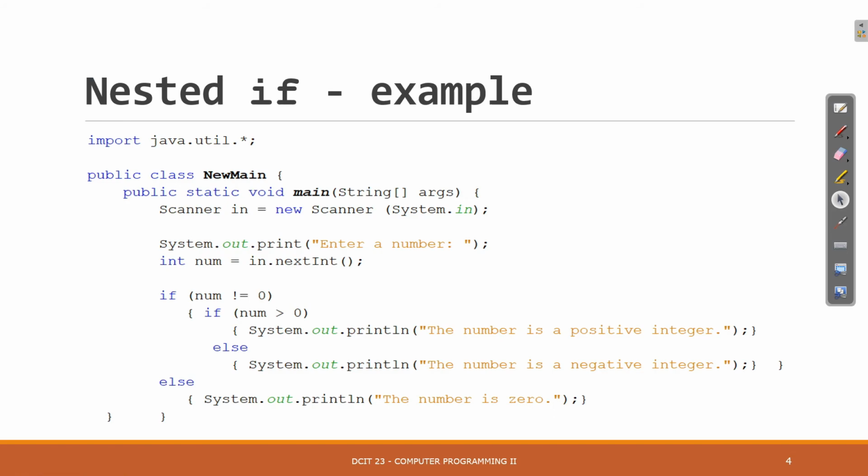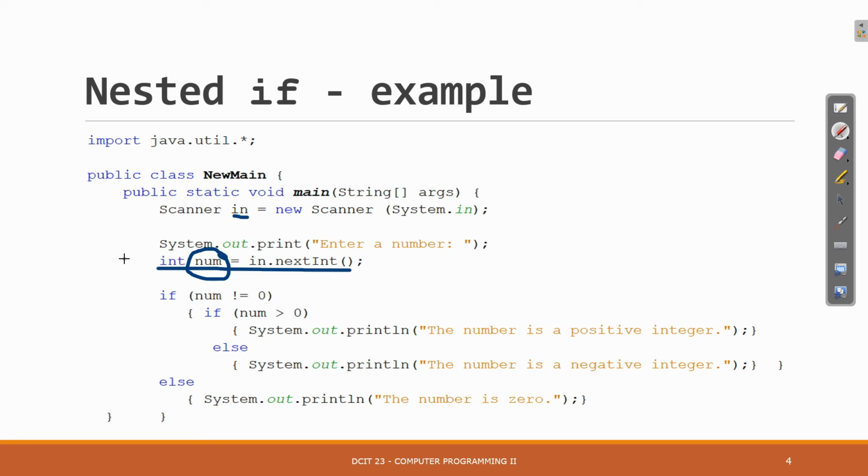So, in this example, we are implementing nested if. Okay, so let's try to check this one. So again, I use cin for inputting a value or asking input from the user. So in this part ng code natin, magtatanong tayo ng input from the user, and then i-hold siya ni variable num.